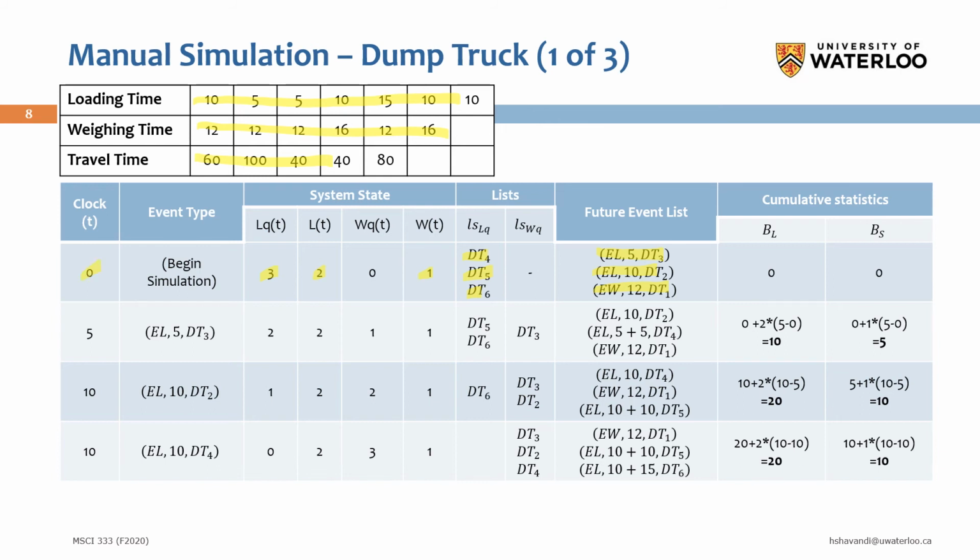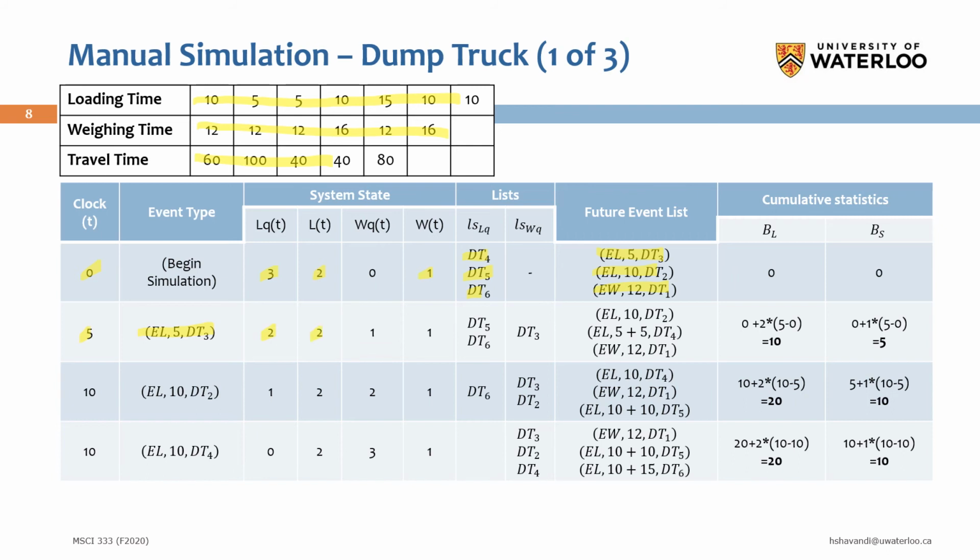So time jumps from 0 to 5. So we have the end of loading event for dump truck 3 at time 5. Since it's end of loading, one of the trucks waiting in line will join that loader. So the number of trucks in line will be reduced from 3 to 2, and still LT is 2.